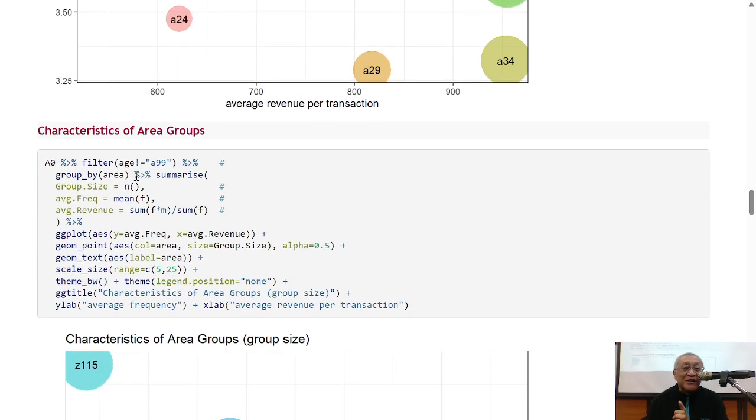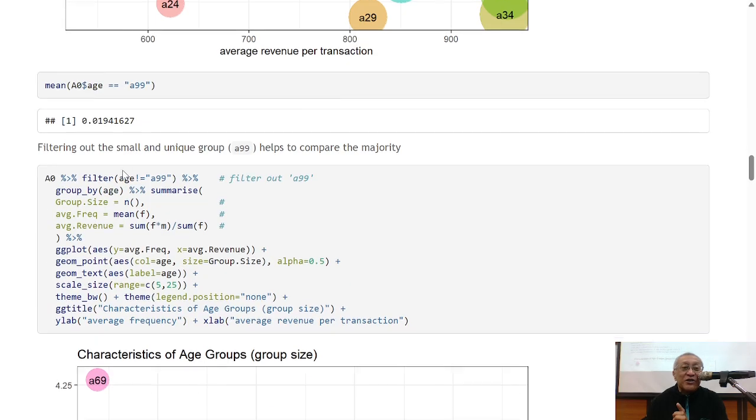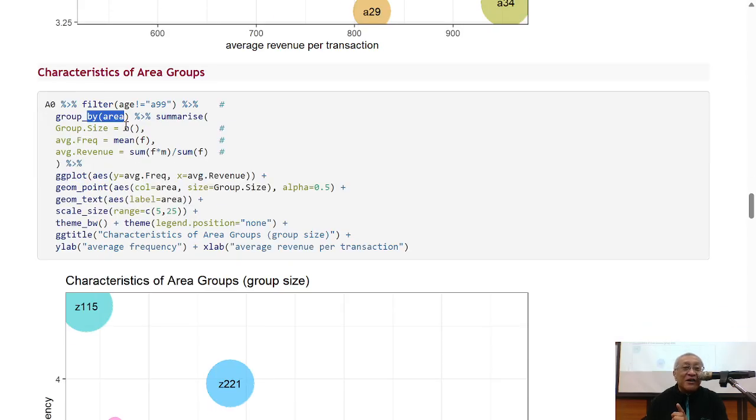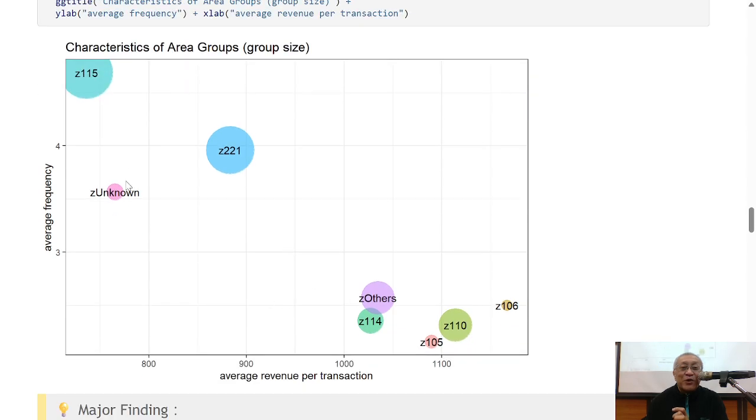Now if I group by area instead of group by age, then I can plot the same thing. But right now every bubble represents an area, instead of the age group, right? Okay, you can still do the comparison, right?